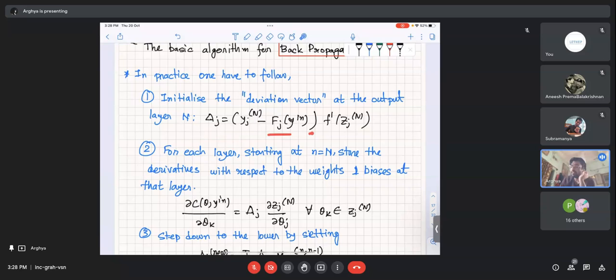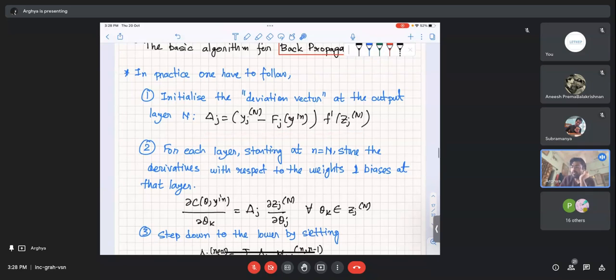All of these things are known at the very last layer. You just do this calculation, because f is some activation function that I'm giving, so f prime as a function I already know, and in some sense I'm also providing the network with that. So there's nothing extra that I need to calculate this deviation so far.